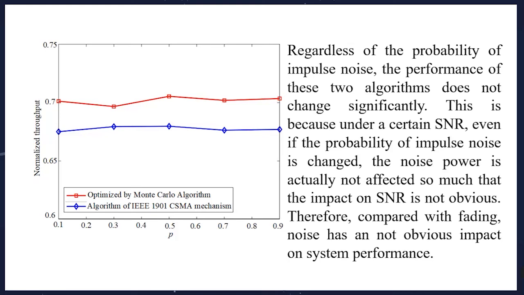This is because under a certain signal-to-noise ratio, even if the probability of impulse noise is changed, the noise power is actually not affected so much that the impact on the signal-to-noise ratio is not obvious. Therefore, compared with fading, impulse noise has a less obvious impact on the system performance.